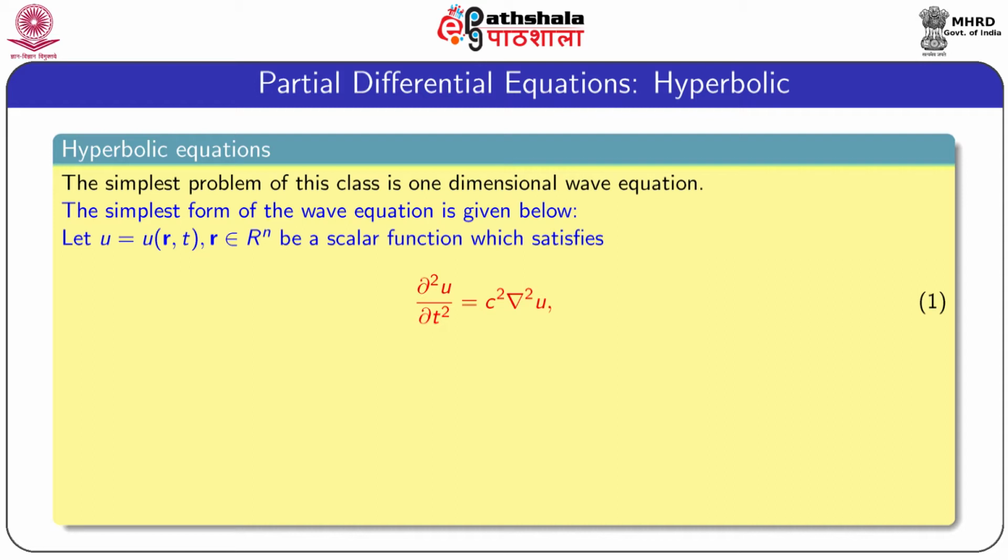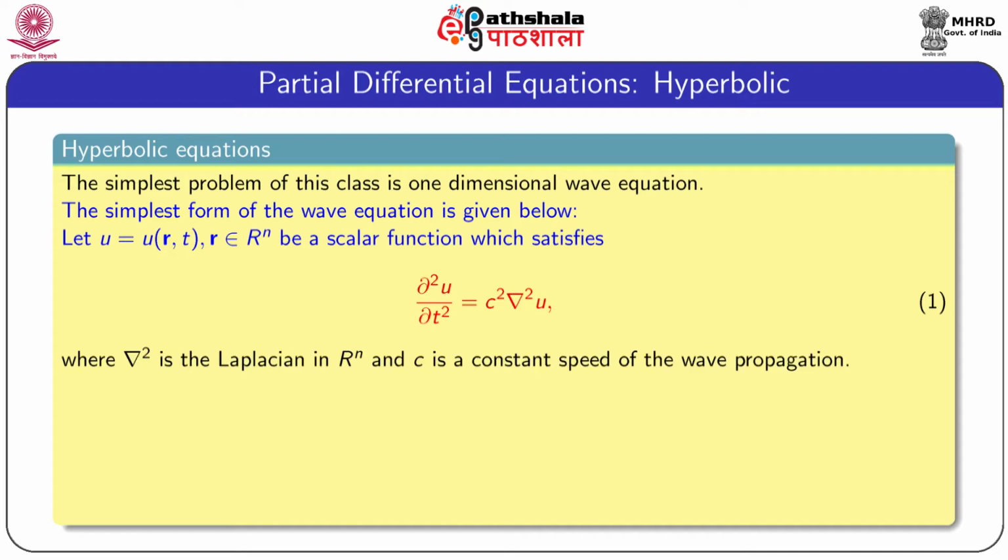Nabla is a space differential operator, and t is the time variable. The operator nabla 2 is called the Laplacian in the space R^n, and c is a constant, which represents the speed of the wave propagation.